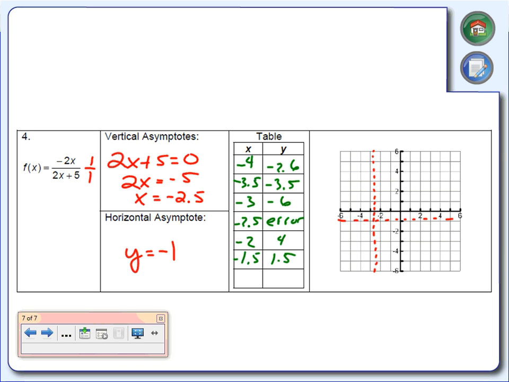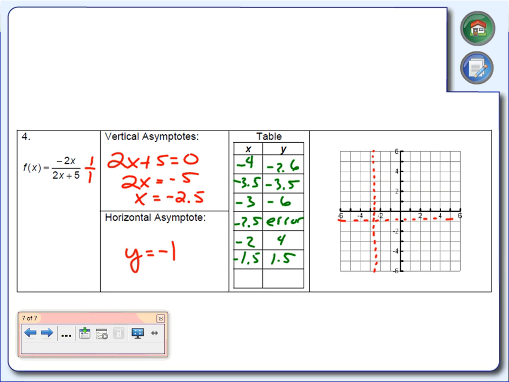All right, so here's the table that I came up with. I went ahead and used the x values -4, -3.5, -3, -2.5, -2, and -1.5. You don't have to use necessarily those same exact x values. So the y values ended up being -2.6, -3.5, -6, error, 4, and 1.5. So those are the points that I'm going to plot.